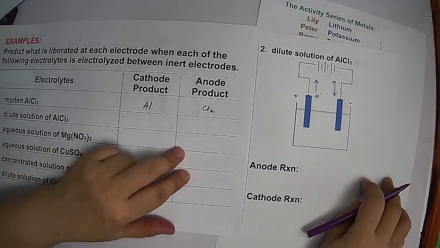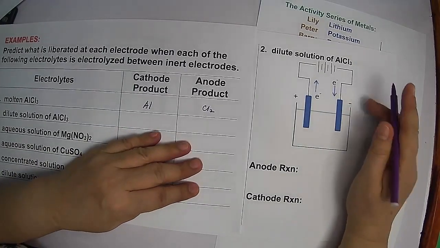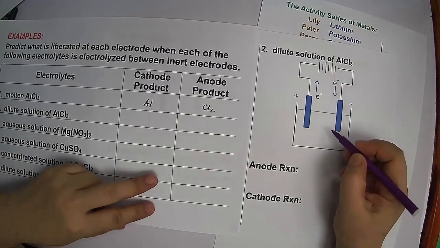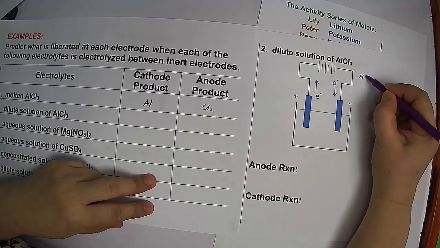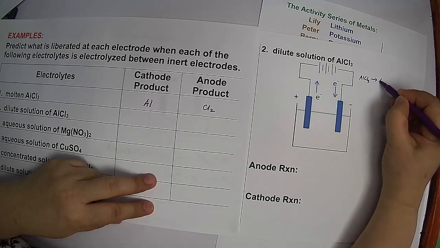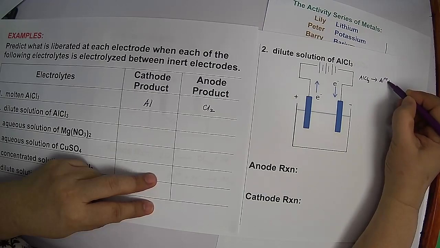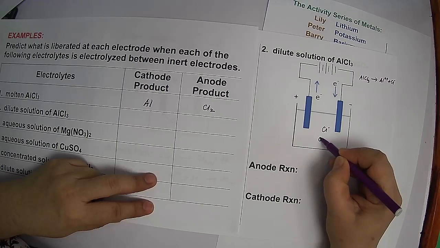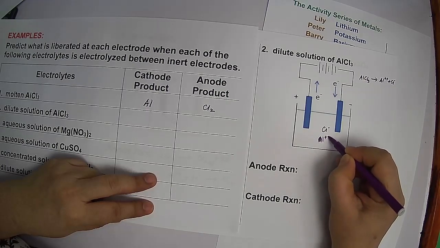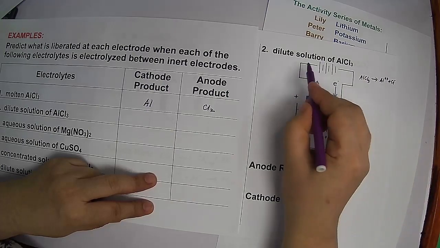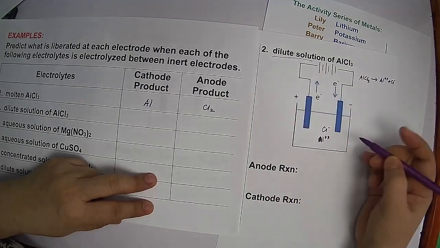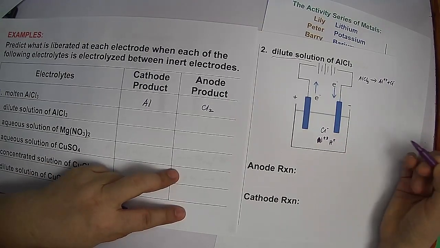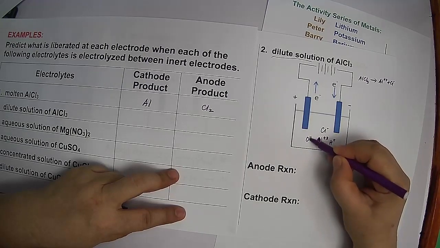Okay, for number 2, we have a dilute solution of aluminum chloride. Since chlorides are very soluble in water, it will be highly ionized to aluminum +3 and chloride. Since it is a dilute solution, meaning it is dissolved in water, there would be hydrogen ion and OH ion.